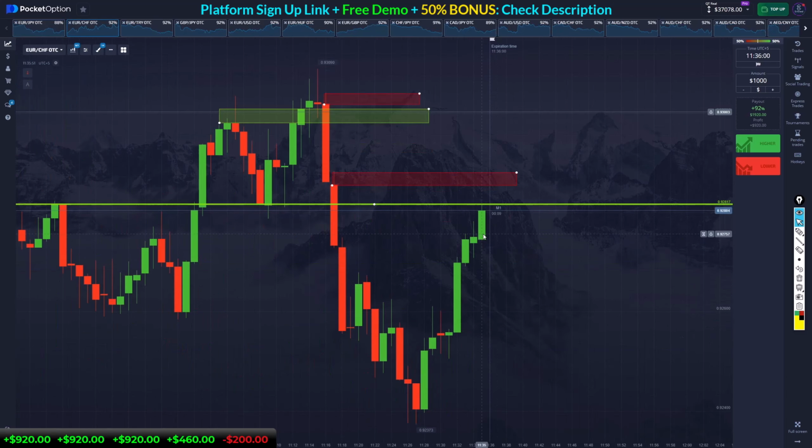All right, I will take a trade if it's exactly closing here, right? Or it's coming up. Okay, none of them happened, so all right, I want to take a buy right here.